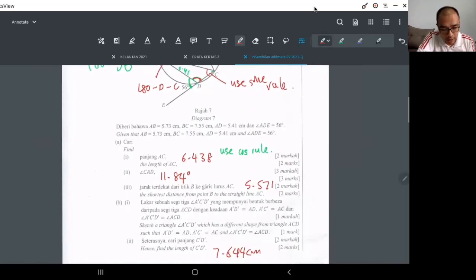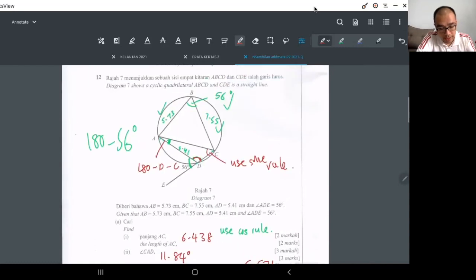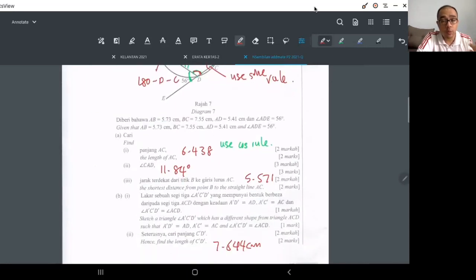Now, the shortest distance from point B to straight line AC is always the height. So whenever you think about shortest distance, usually the area of a triangle comes into play.